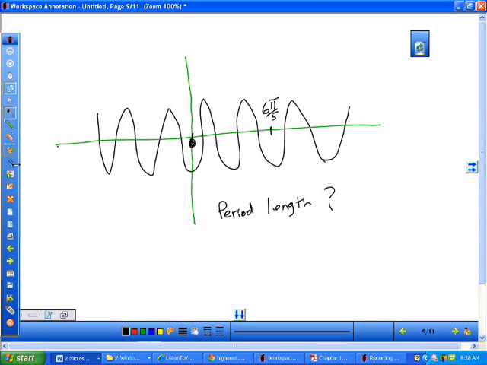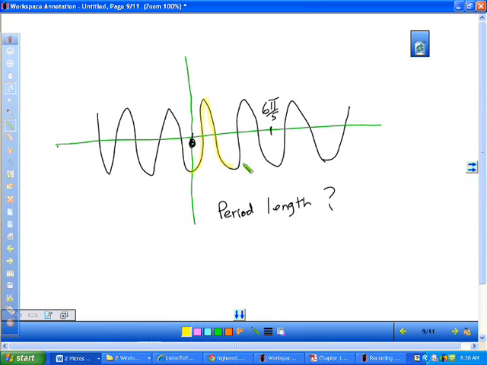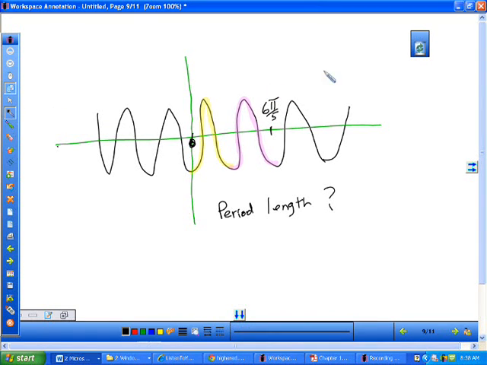So you got to look at this and say, okay, they look like negative cosines here, right? There's 1, right? And then there's another one right there. So how many cycles is that, from 0 to 6 pi over 5? 2. So what's half of 6? So I need to divide that length by 2.